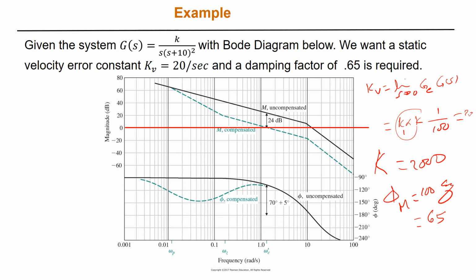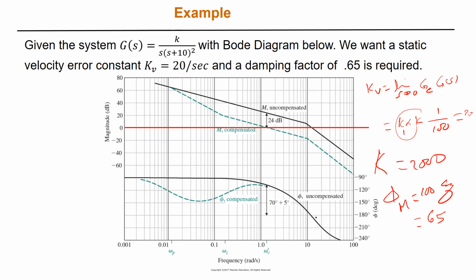Original, so you have minus 180 plus 65. Is it a little bit more? Okay, so it is negative. As I said, again, by having the lead compensator, it will be extremely tough.